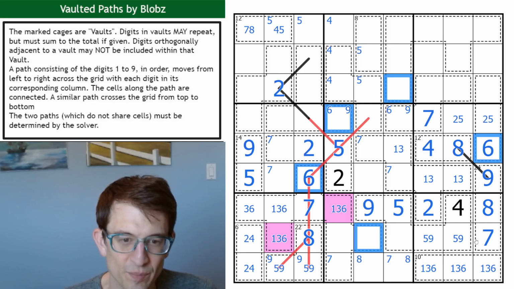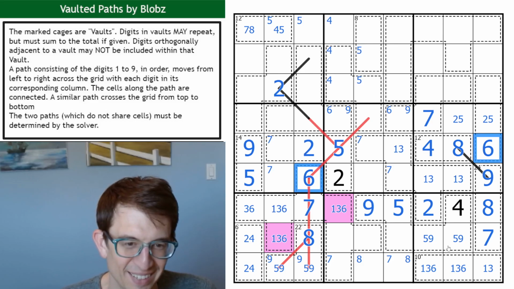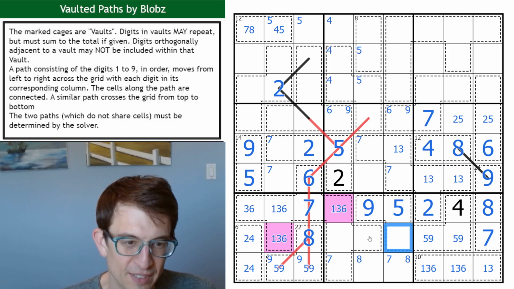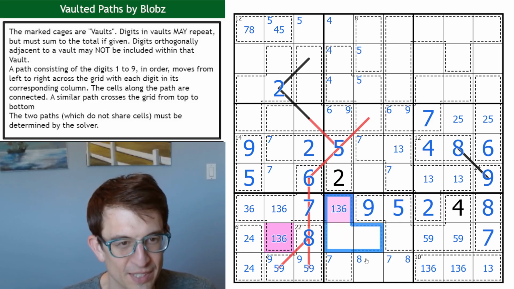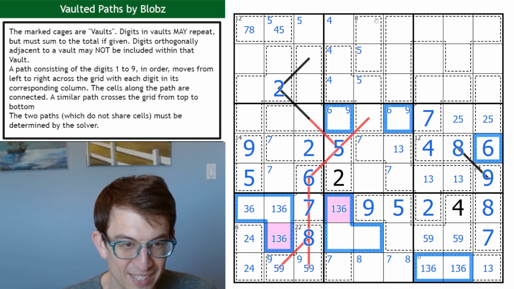I guess I can take the 6 out of there. So 6 is now here, which means it's not there. So we do, no, it's just in this cage. Okay, where are my possible 6s? I think it can be literally anywhere in this cage, is that right?